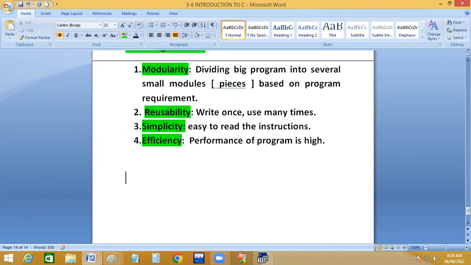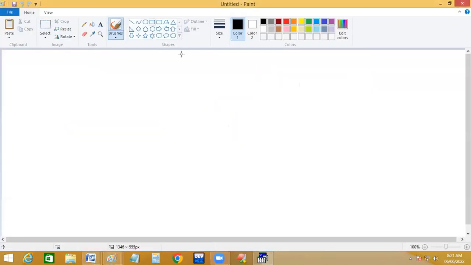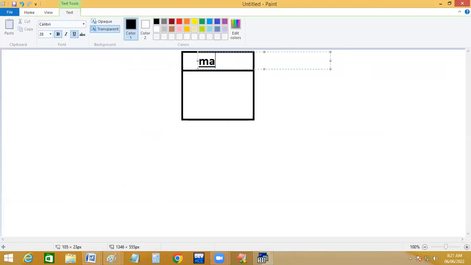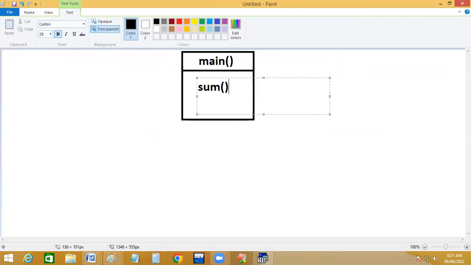Now I'm going to give the picture also for this. See how POP works. It is the main function. Suppose in the main function, we again have two small programs called the sum and division functions.